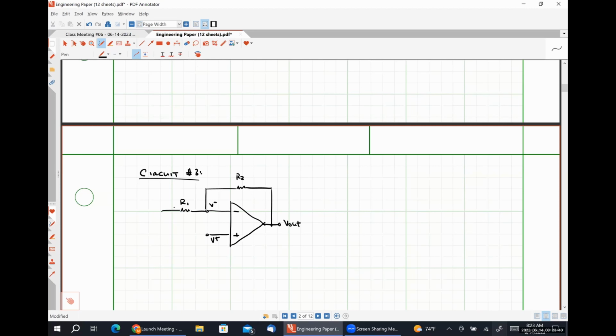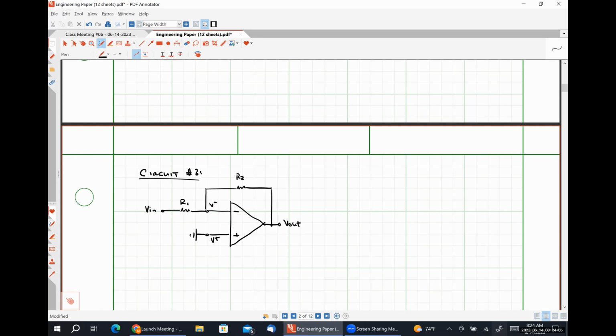But now, instead of applying ground at this left leg, we are going to apply Vn. And for our non-inverting input terminal, instead of applying Vn, we are going to apply ground. So it's literally the exact same circuit that we just looked at, but Vn and ground have switched positions.